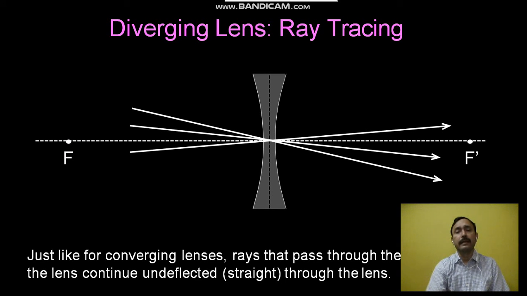Just like a converging lens, rays that pass through the center of the lens continue undeflected through the lens. That means any light passing through the optical center, or center of the lens, will be undeflected. There will be no deflection or bending. The light will pass as it is coming, following the same direction.